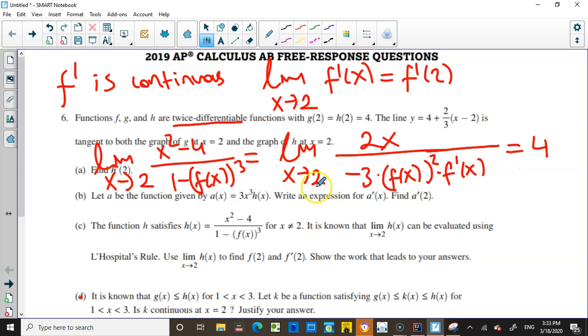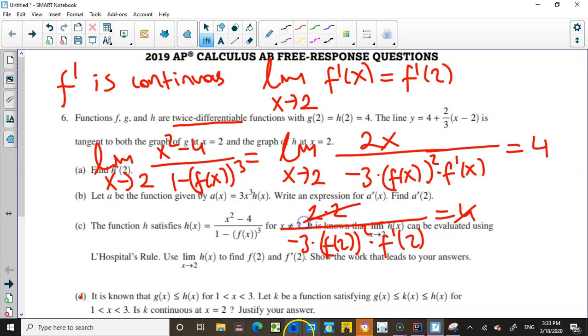So if I plug in 2, we're going to get 2 times 2 divided by negative 3 times f of 2 to the power of 2 times f prime of 2. It's going to be equal to 4. So these two are going to cancel each other out, and what we're going to get is 1 equals negative 3 times f of 2, we know that f of 2 is 1, so 1 squared is 1, times f prime of 2.